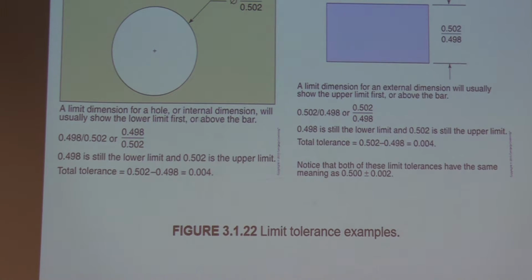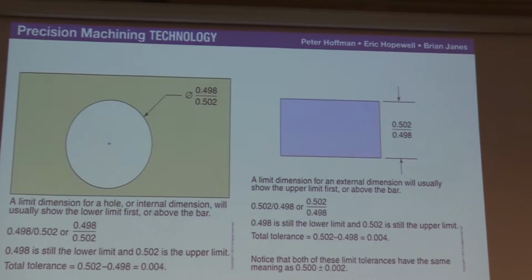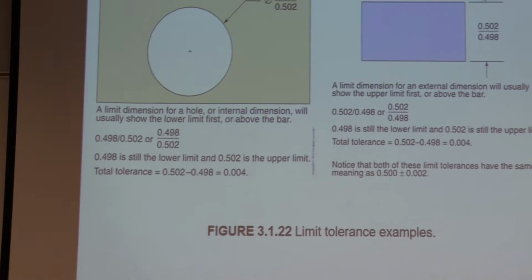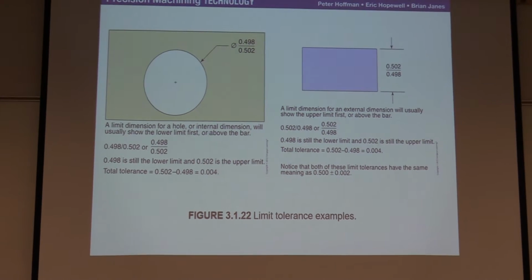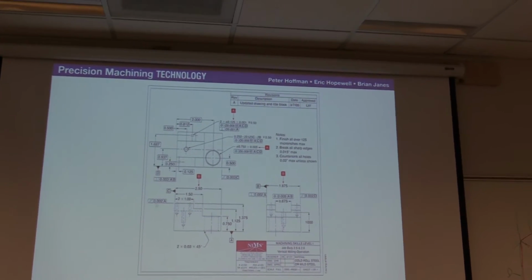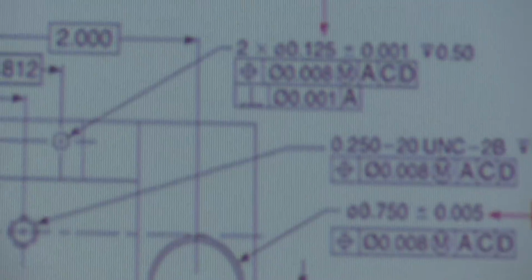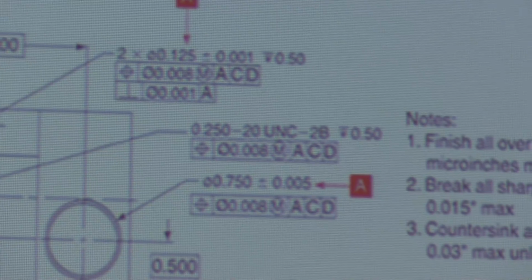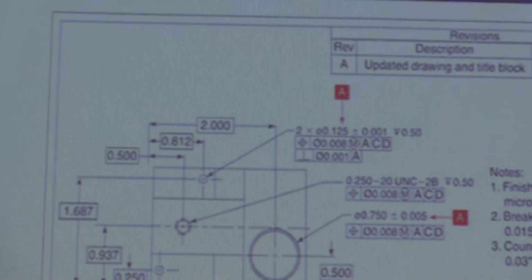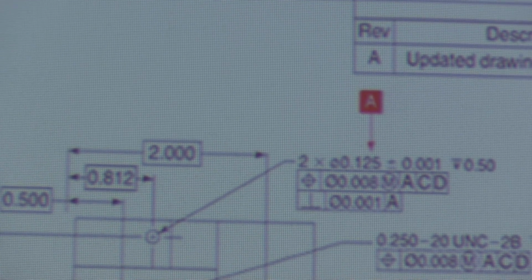All right, so here's limit tolerance examples. Look through this on the PowerPoint. I'm not going to talk about it too much. We've been talking about it for quite a while. Okay. Here it just gives you references. So as well, we're talking about the top section.